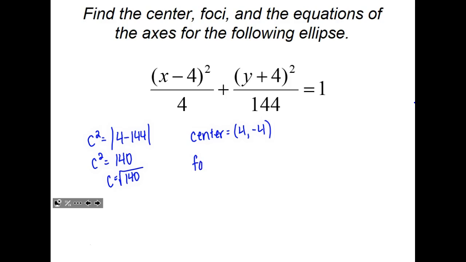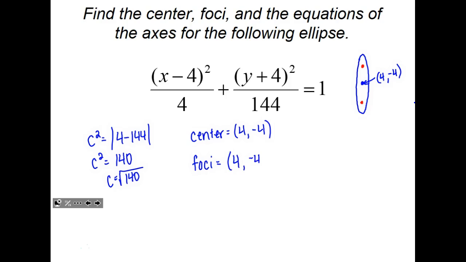So for our foci, we have to decide whether to add that to the x or to the y. In this case, our number is much larger underneath our y, so we've got a really tall, skinny ellipse here. And we've got a center right here at 4, -4. And so our foci are going to be up and down. So we're going to take 4 and leave it alone.